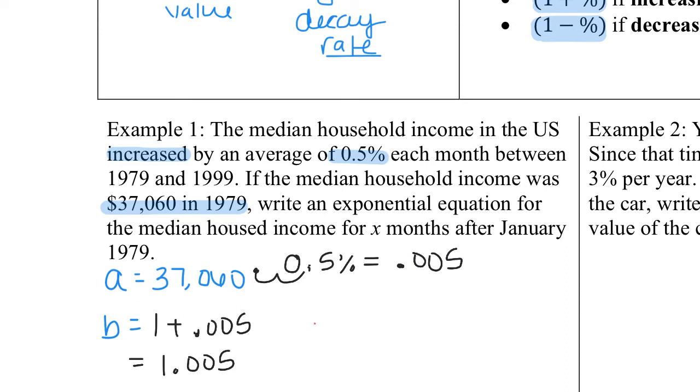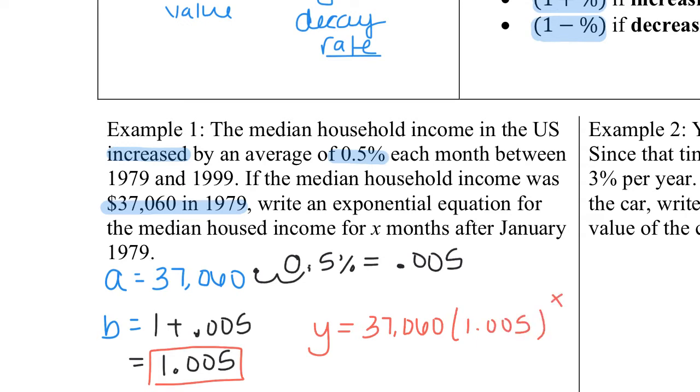So my final equation, y equals 37,060 times my b, which is this 1.005, to the x. And it still makes sense with what we learned before because your b value is greater than 1, which means this is exponential growth, which still makes sense because we are increasing.